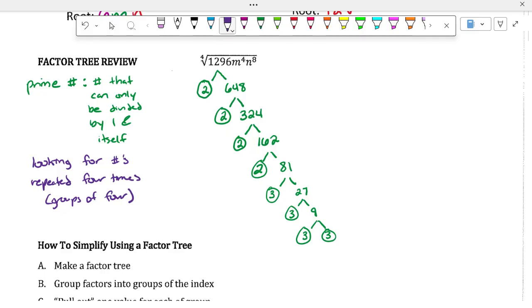And we're looking specifically at the prime numbers. So, looking at my circled prime numbers, that's why I circled them. Any groups of 4? So is there any numbers that are repeated 4 times? 2 is one of them. And 3 is the other one.